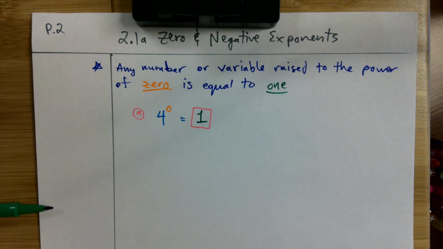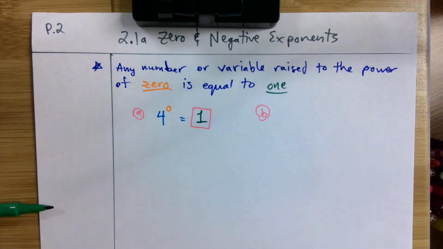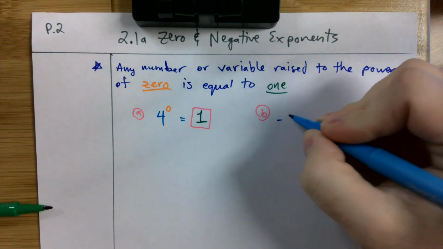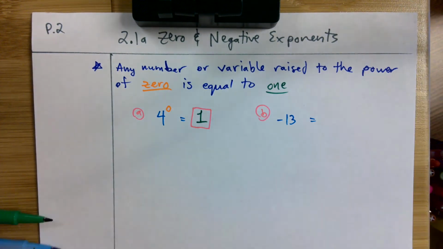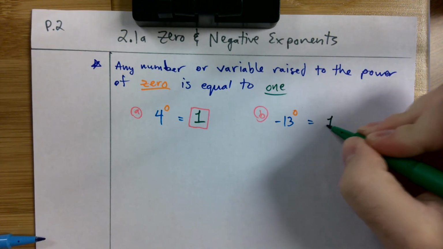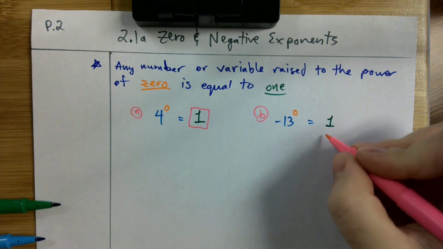So, 4 to the power of 0 is equal to 1. If we have negative 13 to the power of 0, that's also going to equal 1.